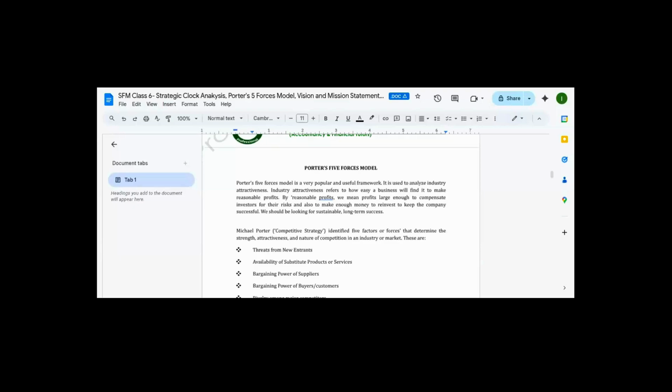Okay, since there was no response, I assume that the Bowman strategic clock analysis is understood. In summary, the Bowman strategic clock analysis was formulated by Bowman in 1996. It is called a combination strategy; it requires the use of price and other strategy to create value to customers, to gain competitive advantage, and to enhance customer satisfaction.